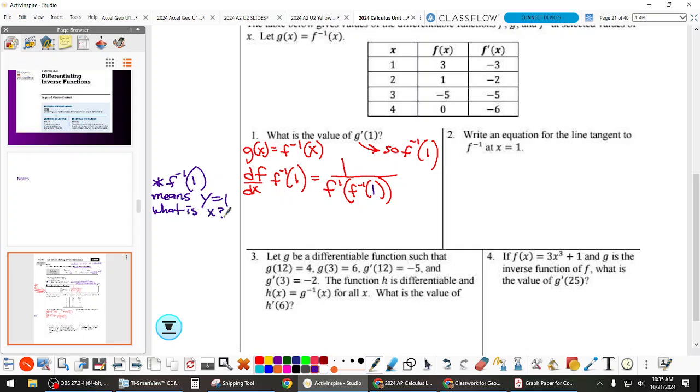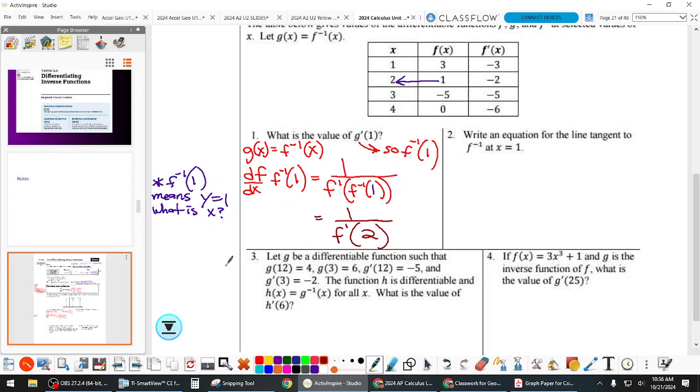So we go here, 1, and we look for f inverse of that, which means 2. Everybody good on that? It's a little wonky, but are we good?